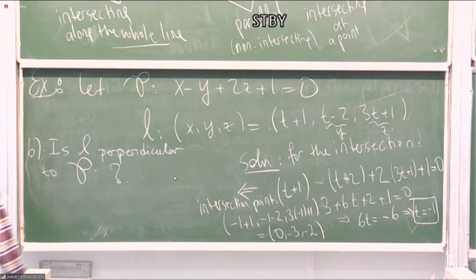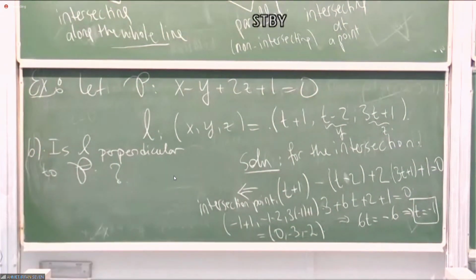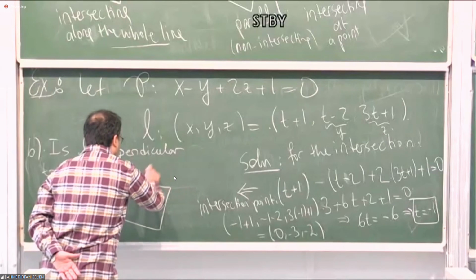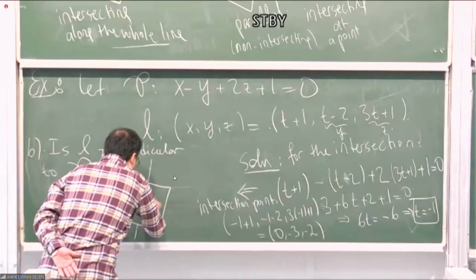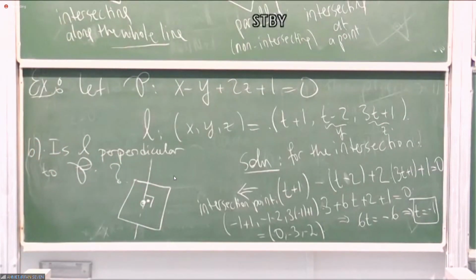So for the moment, I can ask you how to determine if L is perpendicular to P. So is it the case that this line intersects this plane at the right angle? So we can talk about this one next time. Okay. So this would be an exercise for you. We can stop here for today.